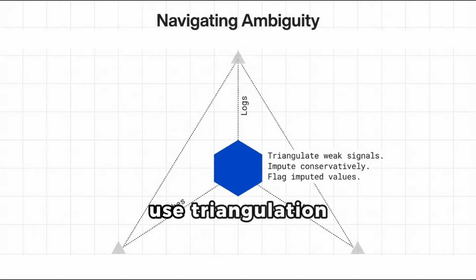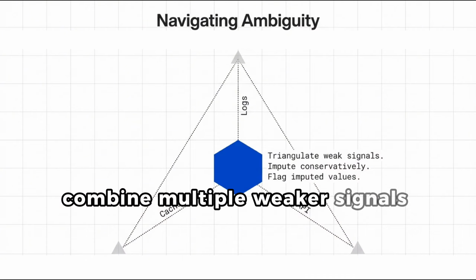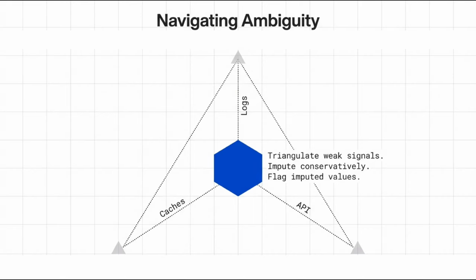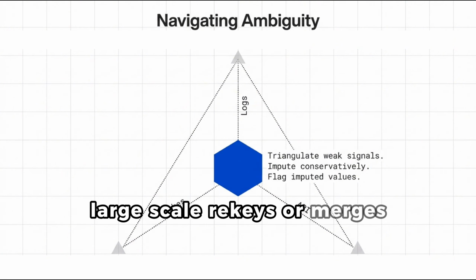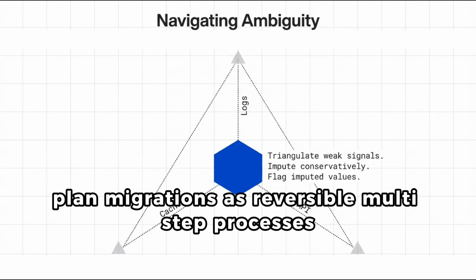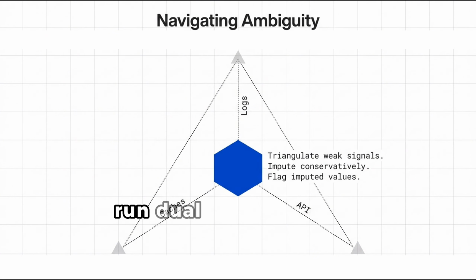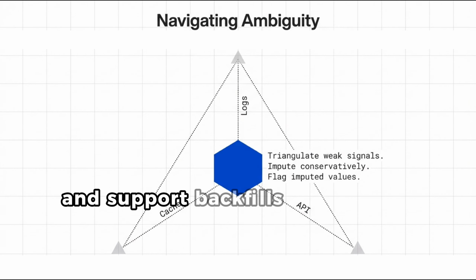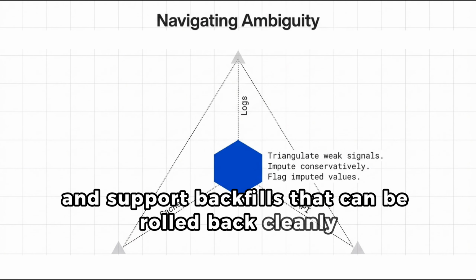Use triangulation. Combine multiple weaker signals, logs, caches, external API calls to build a best-effort reconstruction and mark confidence levels. Large-scale rekeys or merges. Plan migrations as reversible multi-step processes. Publish mapping tables, run dual-write windows, and support backfills that can be rolled back cleanly.